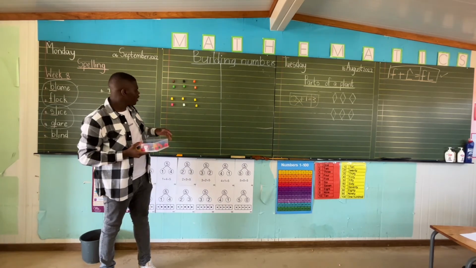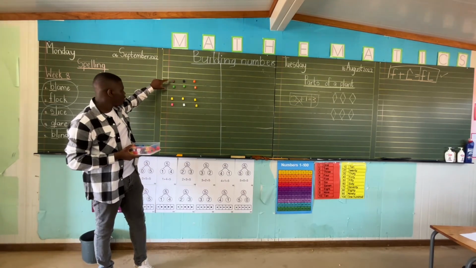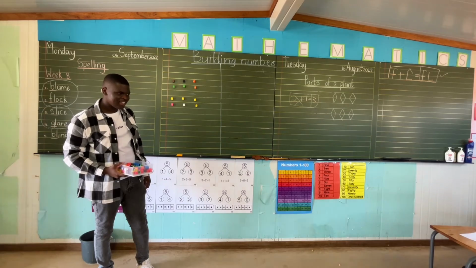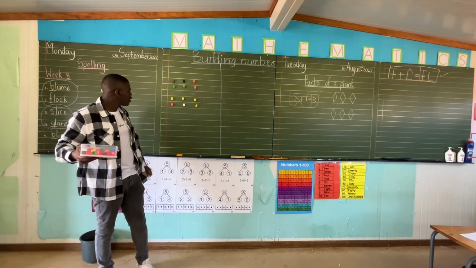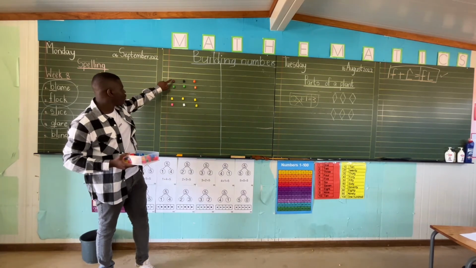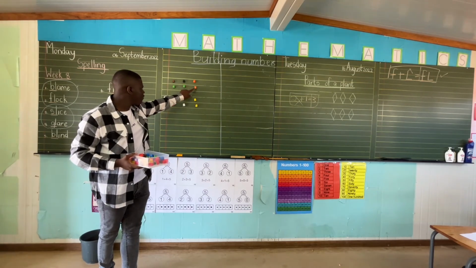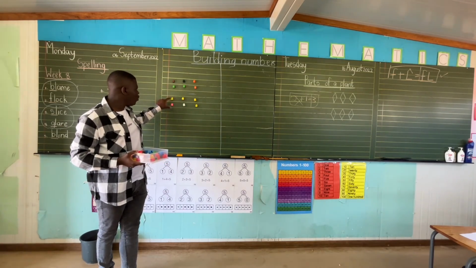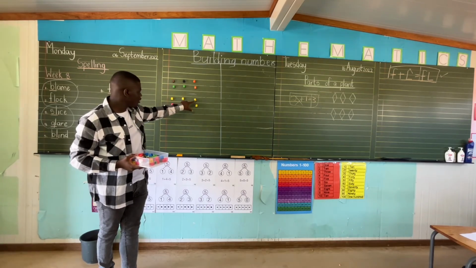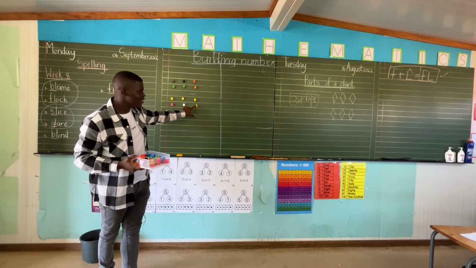How many do we have now? Let's count them together. We have 12. Okay, let's count them in the class. We have 1, 2, 3, 4, 5, 6. And we have another 1, 2, 3, 4, 5, 6.